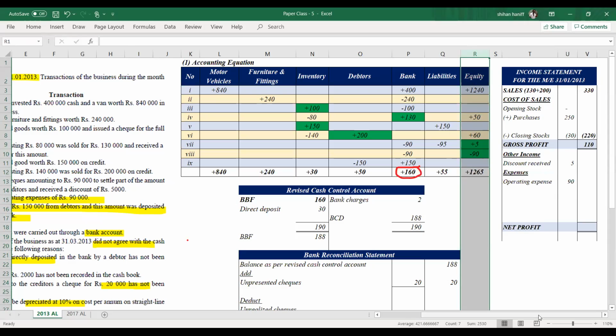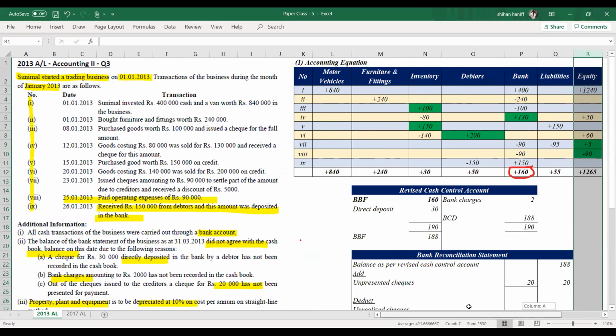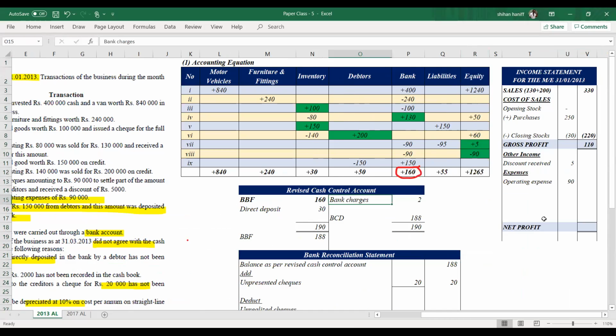Right. So other than this, there are some other transactions. There is a bank charge of 2,000. So that is considered as expense. Bank charges 2,000. You have to separately take as expense.